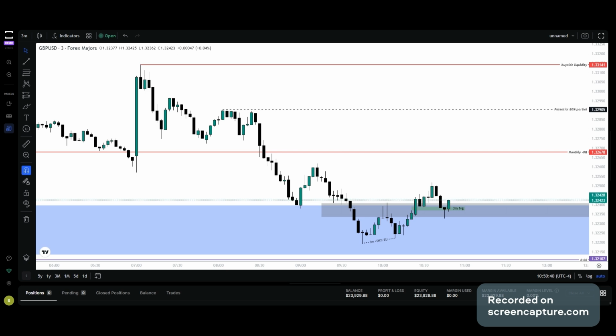That 3-minute candle closes outside. Yeah, see that's looking pretty good. I'll re-enter.